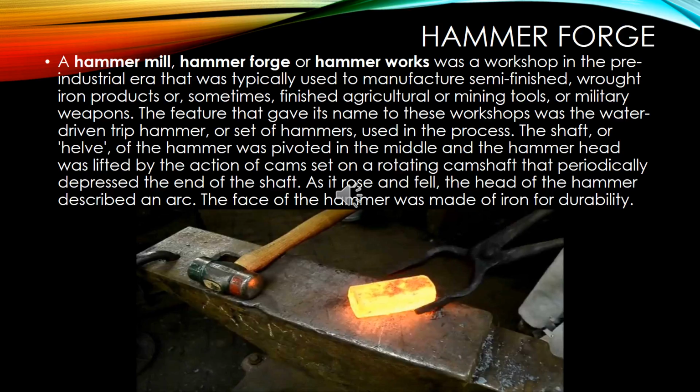In contrast to cast iron, it is a semi-fused mass of iron with fibrous slag inclusions, which give it a grain resembling wood that is visible when it is etched or bent to the point of failure. Wrought iron is tough, malleable, ductile, corrosion resistant, and easily welded.